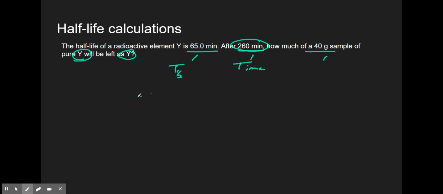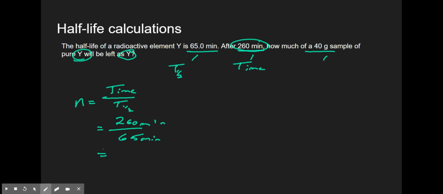So maybe right off the bat, we can get the number of half-lives, which is the total time divided by the time for a half-life. So in this case, it would be 260 minutes divided by 65 minutes, which is a nice round number. That is 4 half-lives.